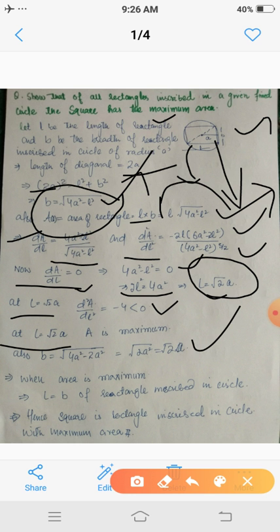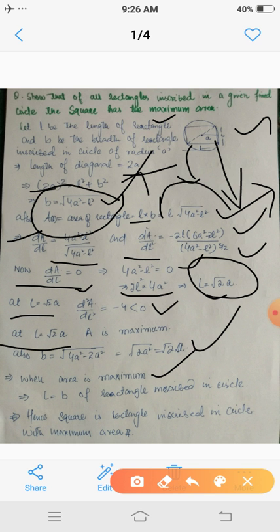This means that the area is maximum only when L equals root 2 a and B equals root 2 a. When L equals B, this rectangle is actually a square. Hence, the square is the only rectangle inscribed in the fixed circle with maximum area.